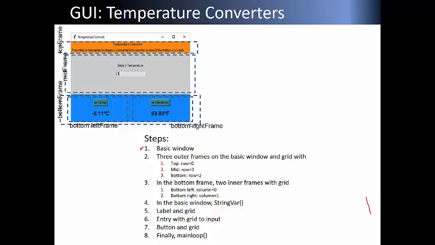Thank you. And then three outer frames inside. The outer frames can be called the top frame, mid frame, and bottom frame. In the bottom frame, two inner frames need to be declared, so bottom left and bottom right. And then in the basic window, you need to say StringVar, open and close parentheses, needed.